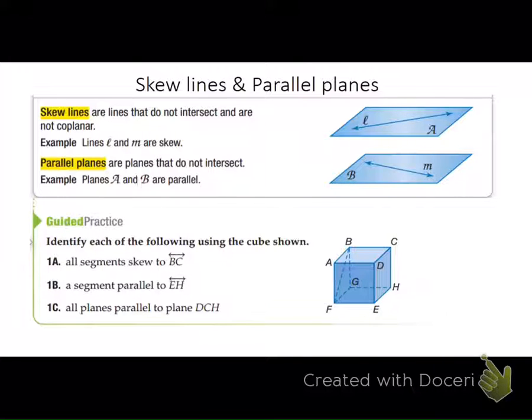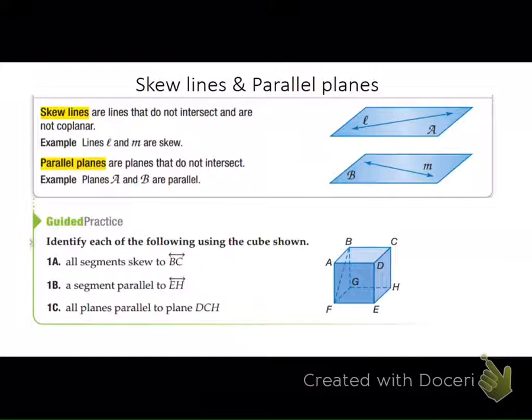So they're going opposite directions. They're not parallel. They cannot be going the same direction, because these two would be parallel if they were both going the same way. Skew means one's going one way and the other one's going the other direction, but not on the same plane. Parallel planes are planes that do not intersect.